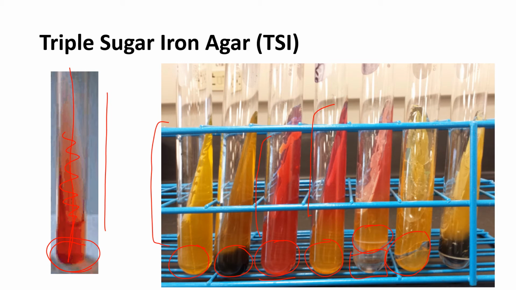And here, it looks like there is gas. So if you have gas, then glucose had to have been utilized. You see the black for a positive hydrogen sulfide, yellow slant, positive for sucrose and/or lactose.